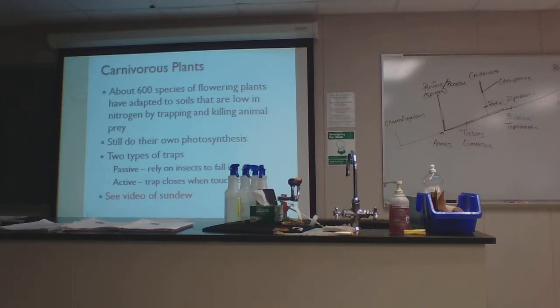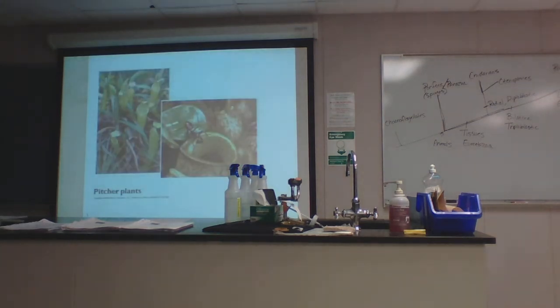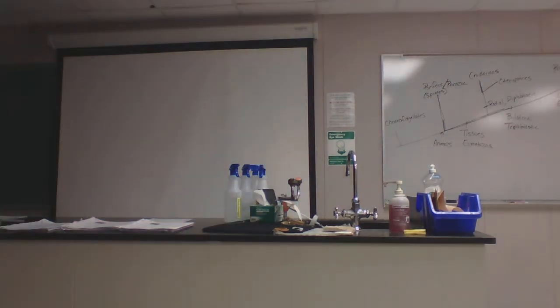They're not really eating the animals, because it's not like they get ATP from them, but they are trying to get nitrogen and phosphorus and other minerals from the animal's dead body, because they live in very poor soil. So the ant's like, oh, I wonder what's in there. And he falls in, gets digested.